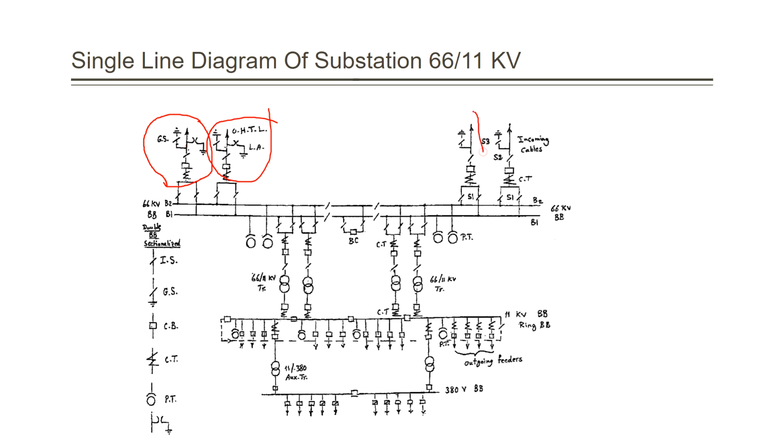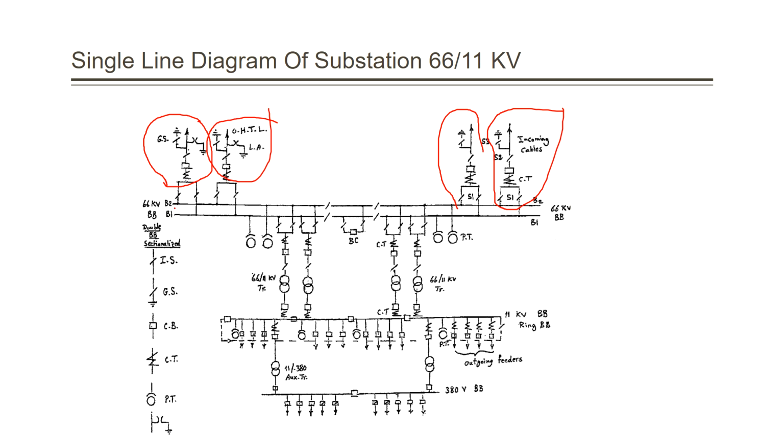Here we have the underground cables, and this one is another underground cable. This one can be from the same source or two different sources. So this one is used to provide 66 kilovolt, and this one too, to a double bus bar.